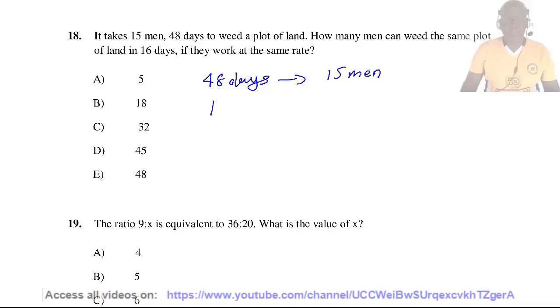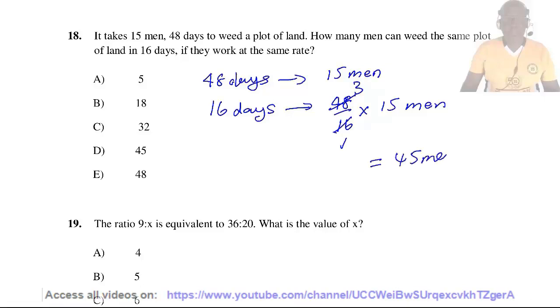Now, for 16 days, more men are needed to weed the plot. So if more, less divide. So 48 divided by 16 times 15 men. 16 goes here 1, 16 goes here 3. 3 times 15 equals 45 men. So the answer is D.